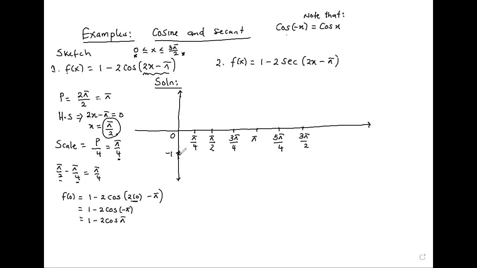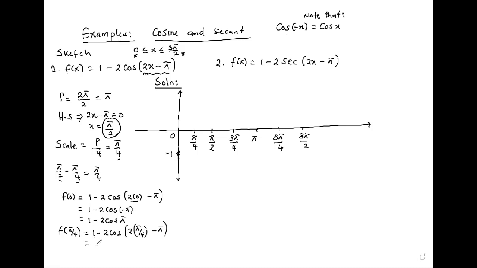And then, what is f of pi over 4? That will be 1 minus 2 cos 2 by pi over 4 minus pi.